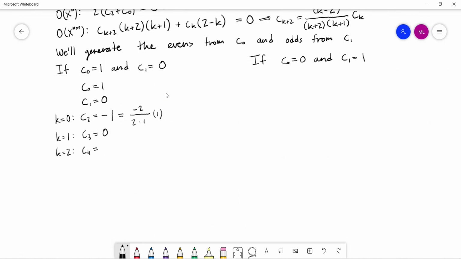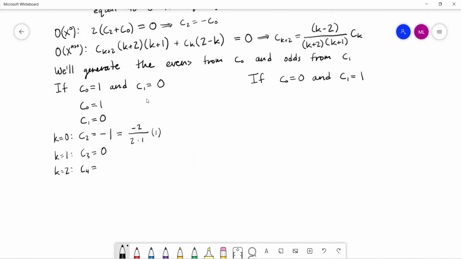So let's plug that in. C sub 4 is going to be, again, I'm plugging in K equals 2. So in the numerator, I'm going to get 0 over, let's see, 4 times 3 times negative 1. So all I've done is plug in K equals 2 into this formula over here, and it gave me this. And what does that equal to? 0.